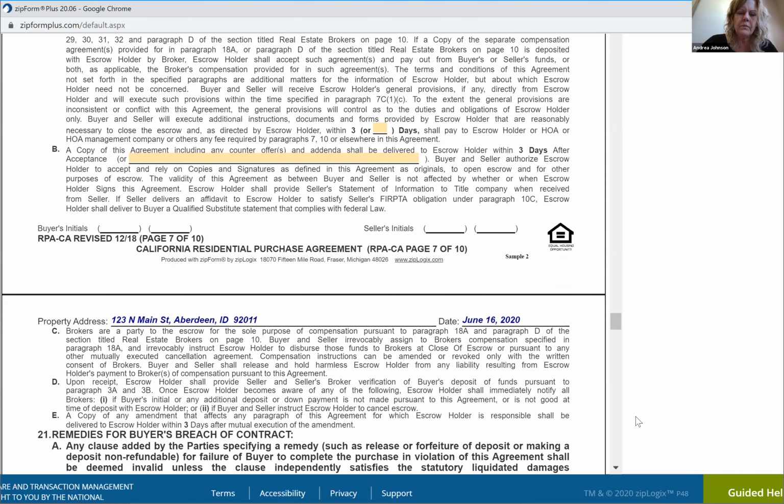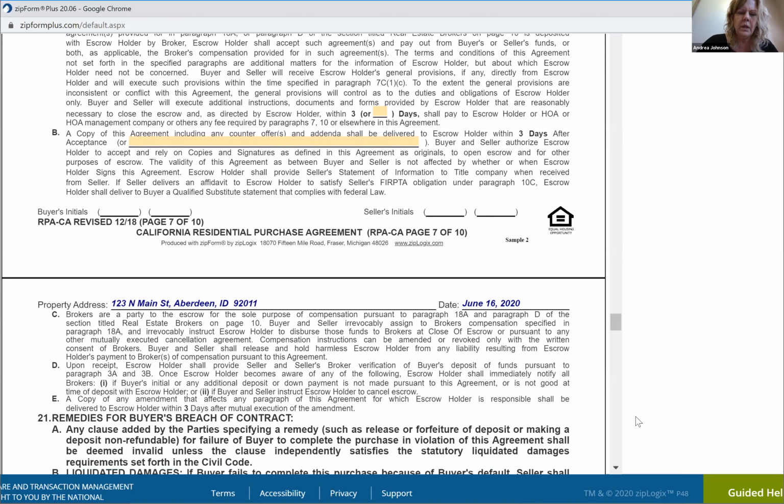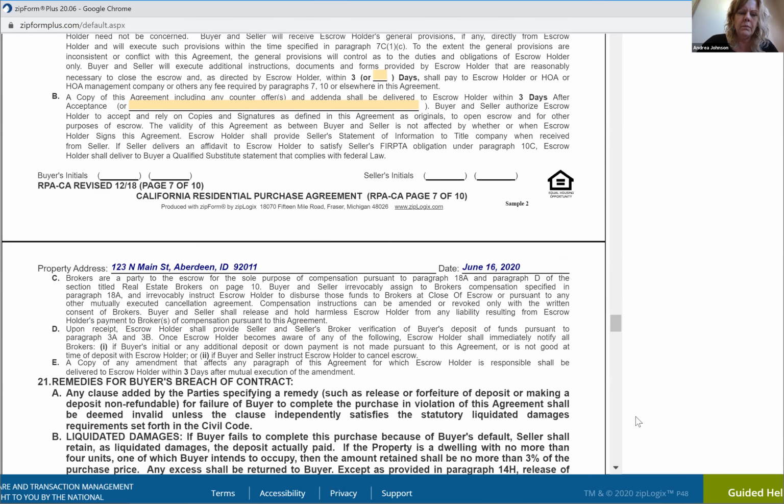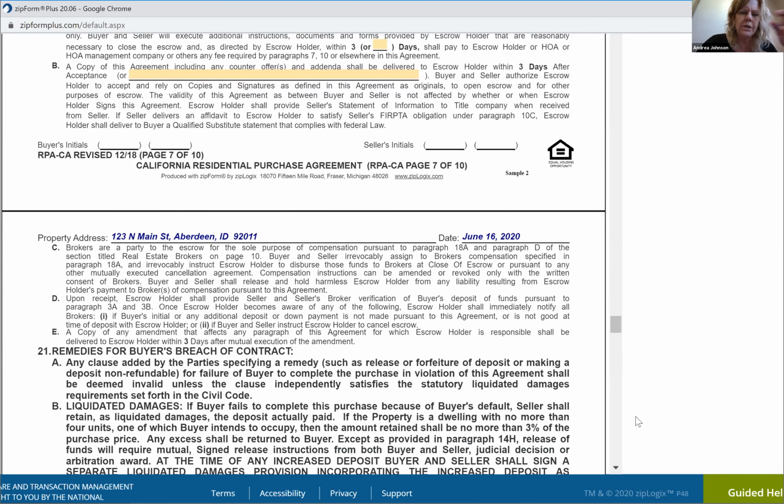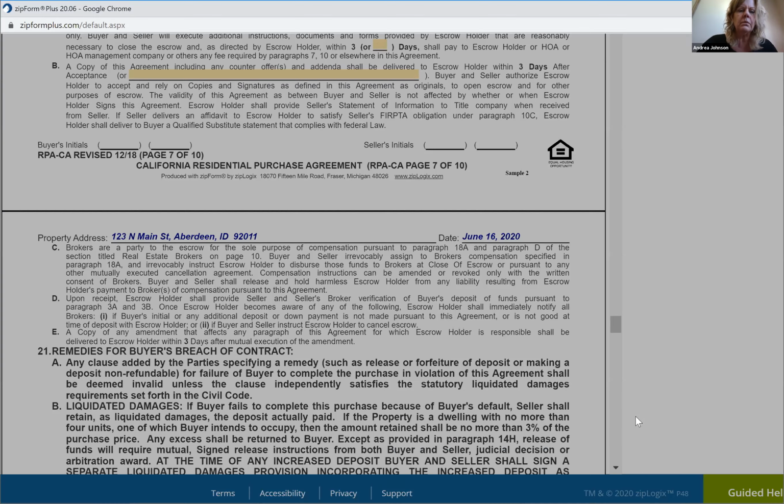The escrow holder will be generating those escrow instructions fairly close to immediately after escrow having been opened. Of course, in busy times, there may be a day or so delay.